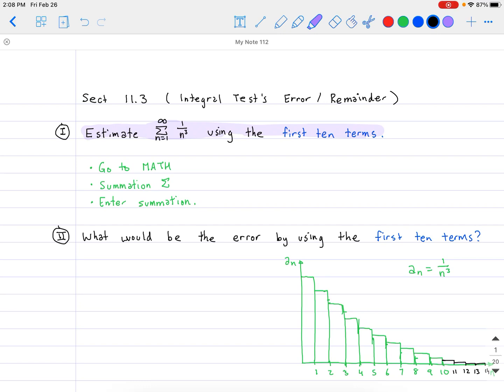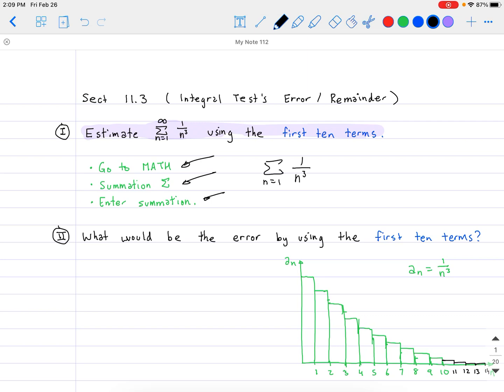Now, if I take something like this and put it into the calculator, which you actually can, because if you go to the math setting and scroll down, you see the summation sign, and then you can enter the summation starting from n equals 1 to however many terms you want. For example, I can put in 20 terms or 30 terms.